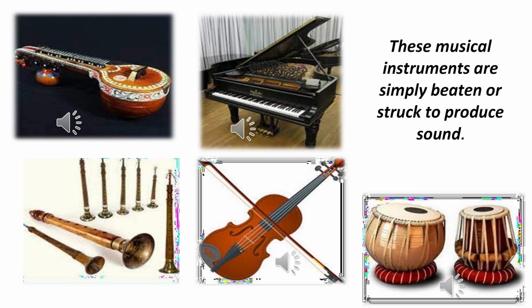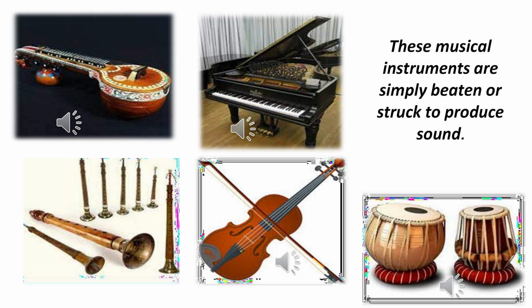Now I am putting this tabla. Here the vibrating part is the membrane, whereas in the veena it is the stretched string. And also you can see one more here, the guitar.